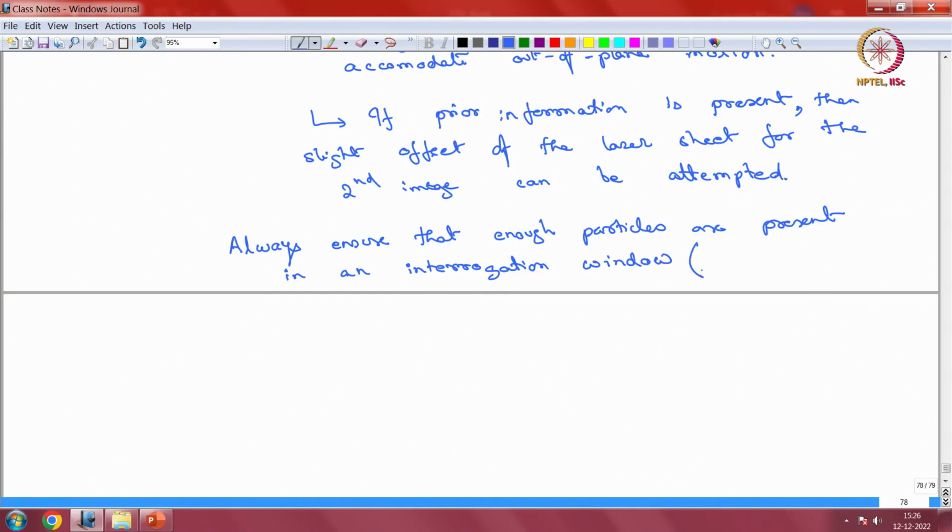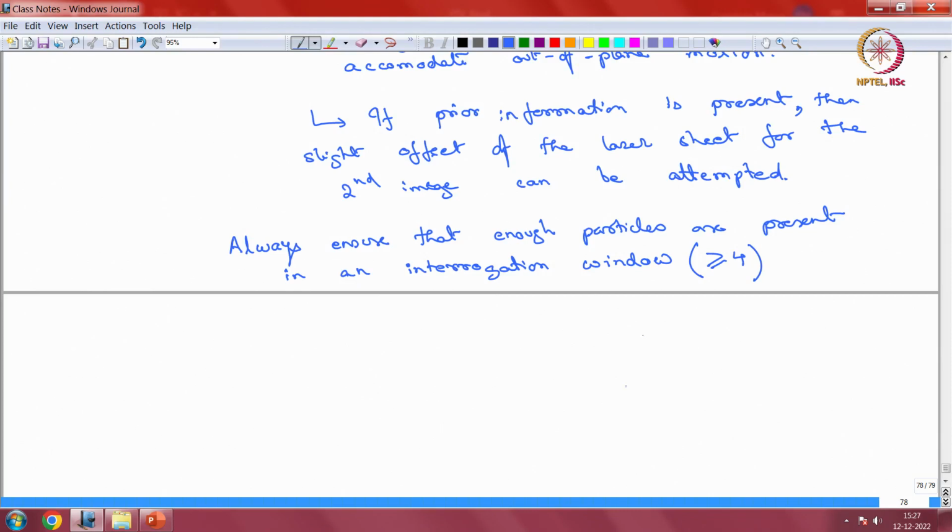And enough particles usually means greater than or equal to, as a rule of thumb, 4, 5, the more the better, but it should not go below 4 or 5, then it does become a problem.